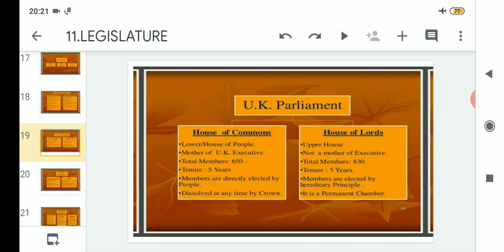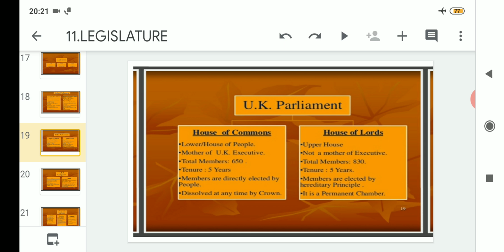So the House of Commons is known as the House of the People, and it is also known as the lower house. As in India the Lok Sabha is the lower house and is called the House of the People, likewise the House of Commons in the United Kingdom is known as the lower house or the House of the People.